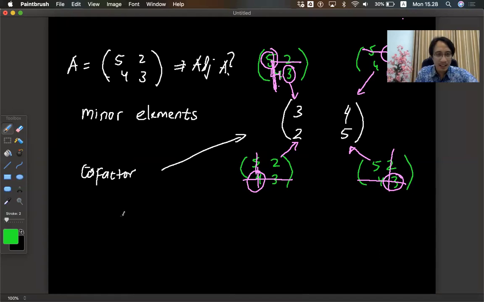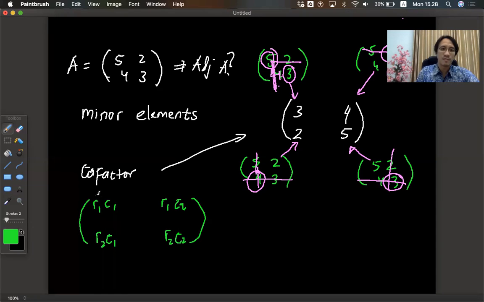So in this case, if I write this one, this is row 1, column 1, row 1, column 2, row 2, column 1, row 2, column 2.